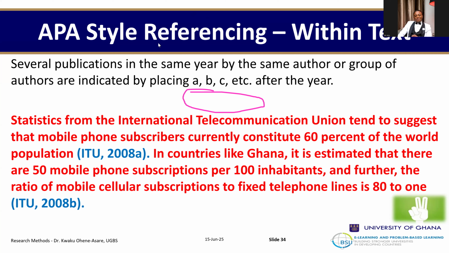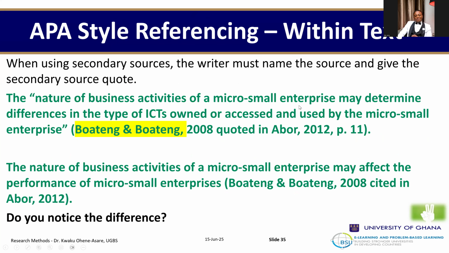Let's look at the next one. The next is within the text again, quoting from secondary sources. Like you are quoting from somebody's work, but you are quoting somebody who has quoted from somebody's work. It's very funny. The person you are quoting from is himself also quoting somebody. When you are using secondary sources, the writer must name the original source as well as give the secondary source.